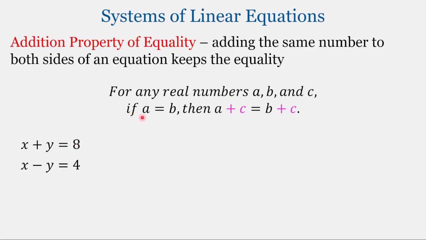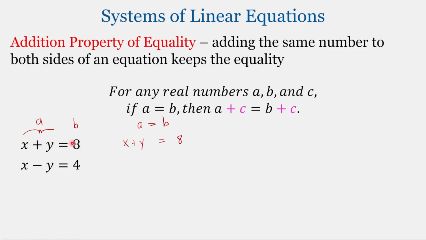So let's look at this in terms of this property. If we look at this first equation, we can say that this left side, x plus y, is a, and the right side is b. So we have a equal to b. That is x plus y equal to 8.